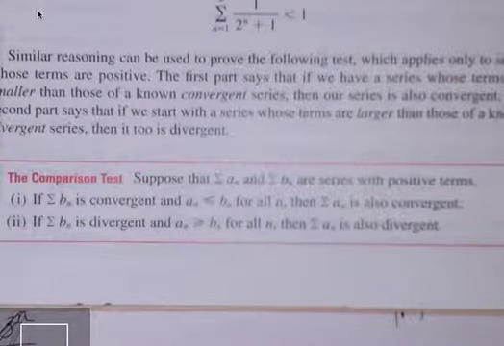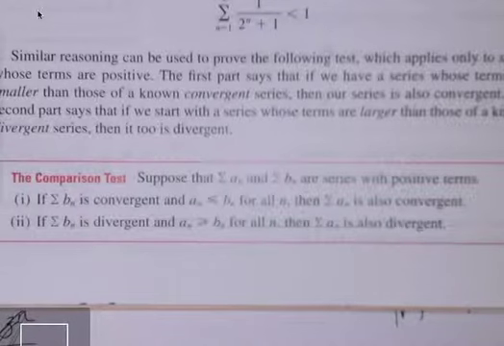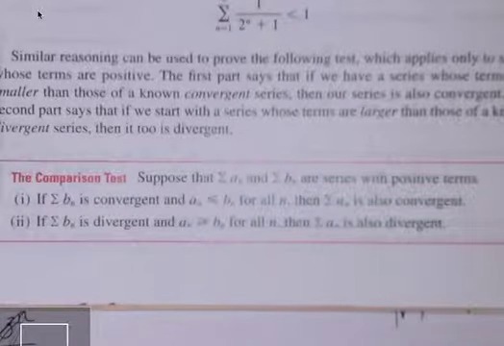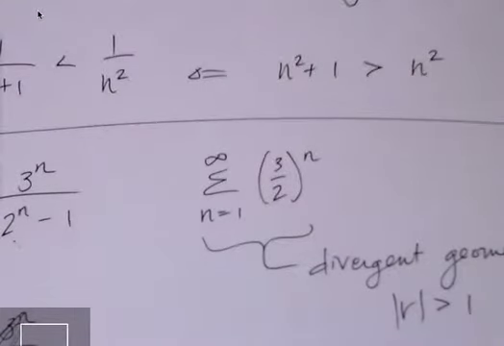If B sub n is convergent and A sub n is always less than B sub n for all n, then A sub n has to be convergent as well. And basically the opposite logic works for the divergent. If B sub n is divergent and A sub n is always larger than it for all n, then A sub n also has to be divergent. Okay? Let's work through a couple more examples in order to solidify that. Let's take the zoom off.